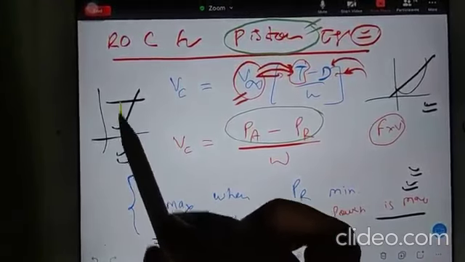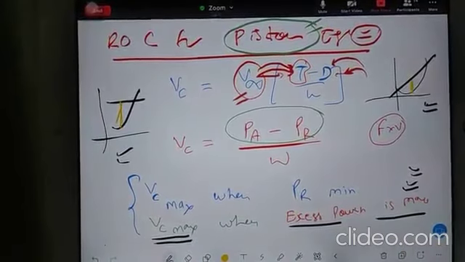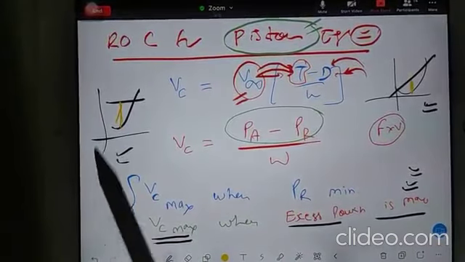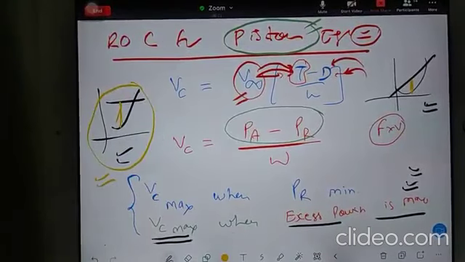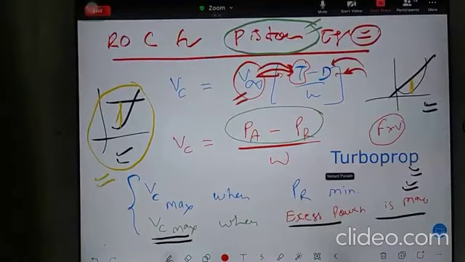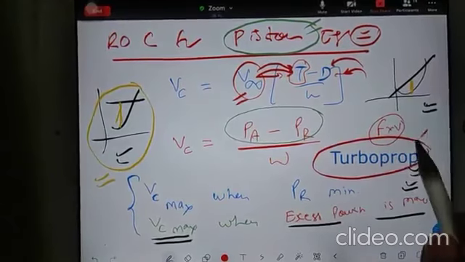So excess power is maximum for propeller, not for jet engine. That's why we use propeller engine for the lower altitudes, because ROC is the problem. ROC means rate of climb. It means propeller engines will gain altitude quickly. Yeah, any propeller engine, turboprop is a propeller engine, right?